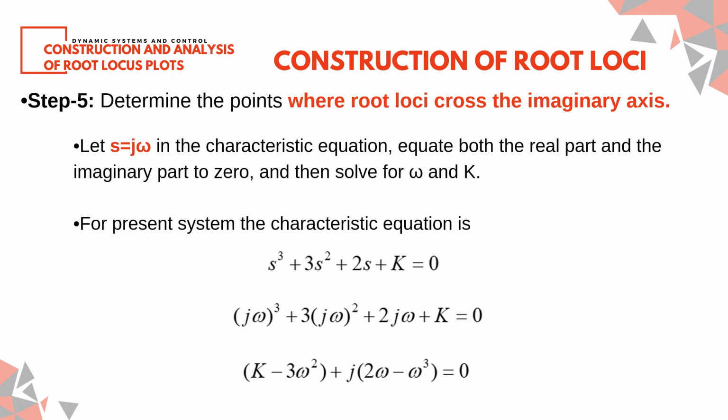Substituting j omega for s, we have (j omega) cubed plus 3 (j omega) squared plus 2 j omega plus k is equal to 0. And then we have k minus 3 omega squared plus j quantity 2 omega minus omega cubed is equal to 0.